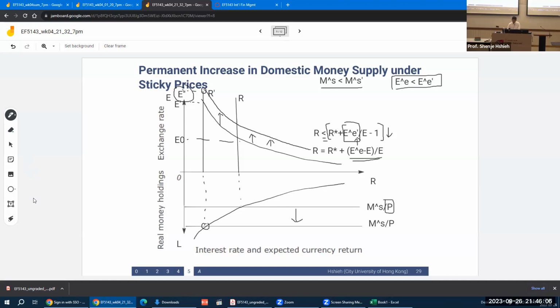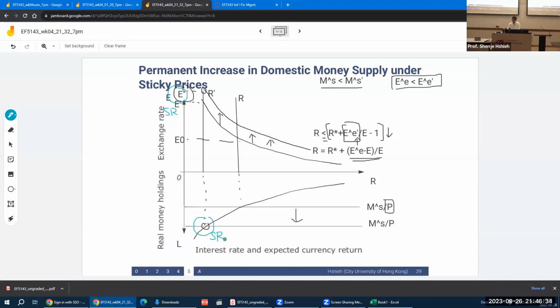So in the short term with sticky prices, our equilibrium spot exchange rate is here. So let me use a different color, I suppose. I'll use that one. So this one and this one is our short run equilibrium, right?